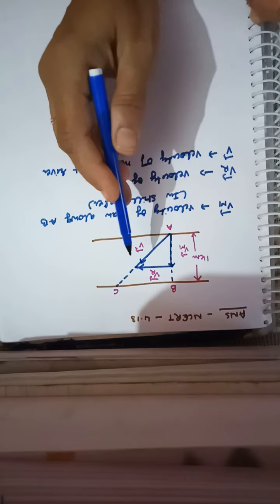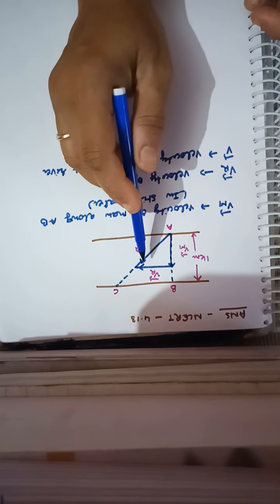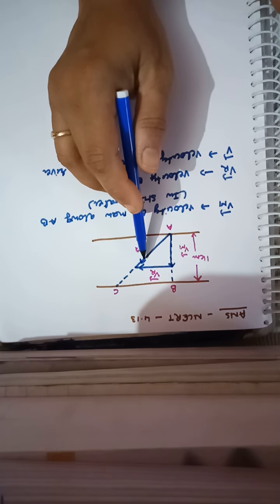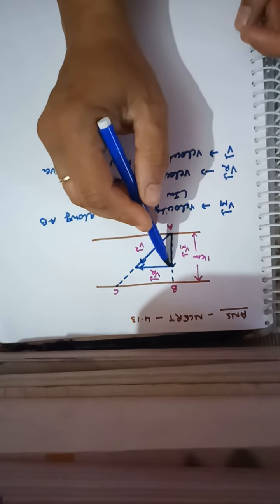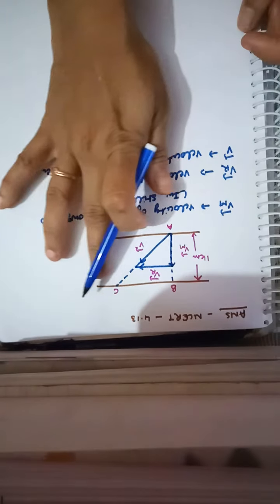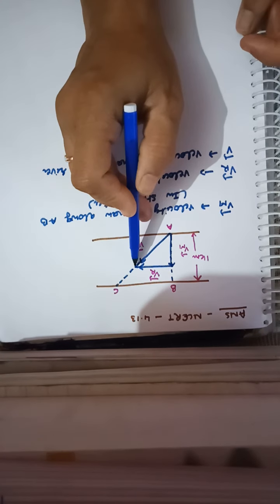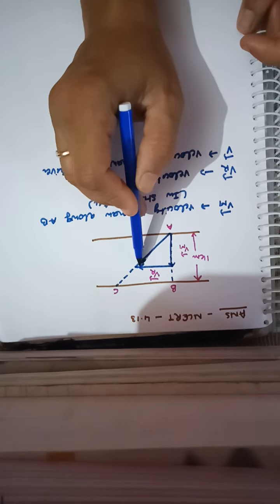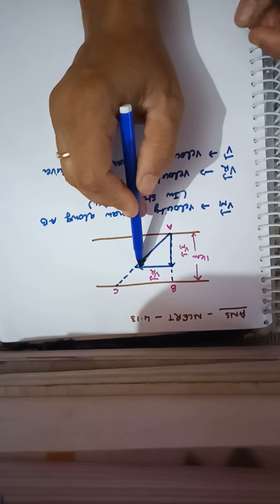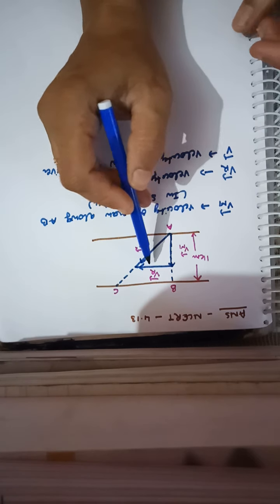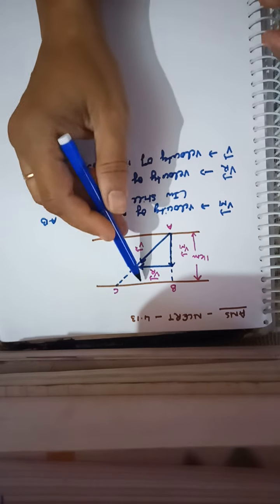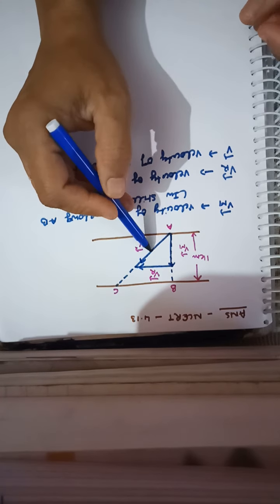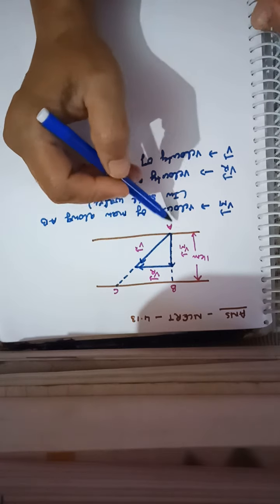But according to the question, the river current flows steadily at 3 km per hour, so this is the direction of the river current, because the river is flowing like this. So this will be the direction of the river current, VR. So when the river current is flowing and the man wants to cross the river, he makes his stroke normal to the river current.